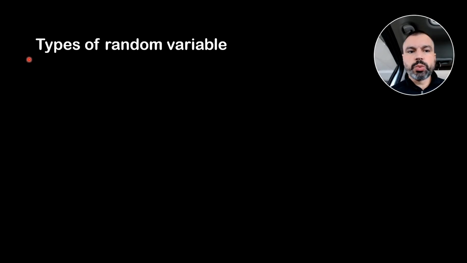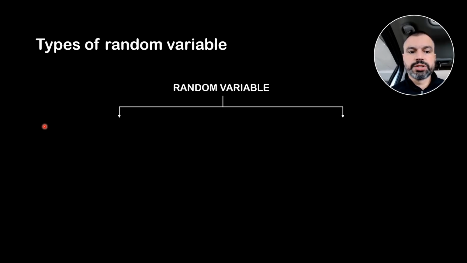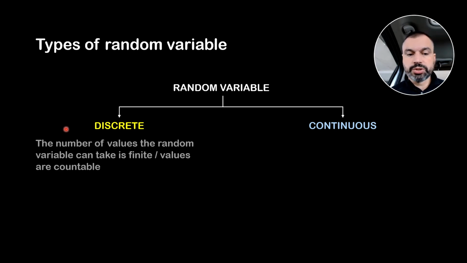Something you should be aware of is that there are 2 types of random variables. We have discrete random variables and continuous random variables. You know, a random variable is discrete when you can count the number of outcomes in the sample space. In other words, when the number of values it can take is finite.